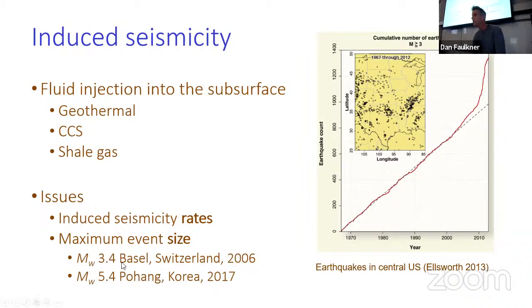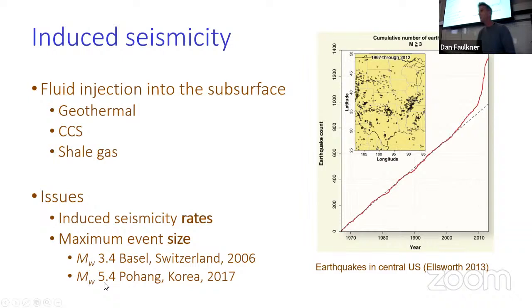There was this magnitude 3.4 earthquake under the city of Basel, which might not sound like a huge earthquake, but they drilled this 4.5 kilometer deep borehole directly under the city, and it triggered an event on a fault underneath this large city, and everyone felt it. And that was basically the end of this geothermal project underneath the city of Basel.